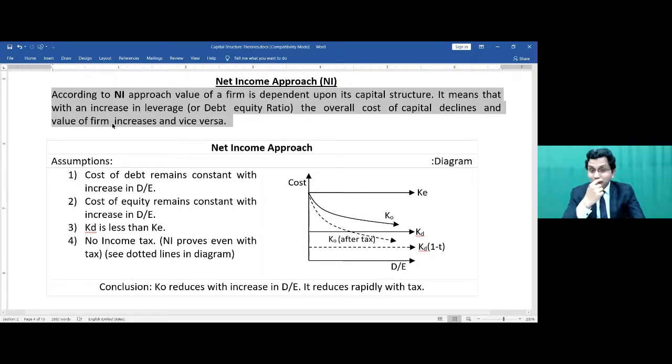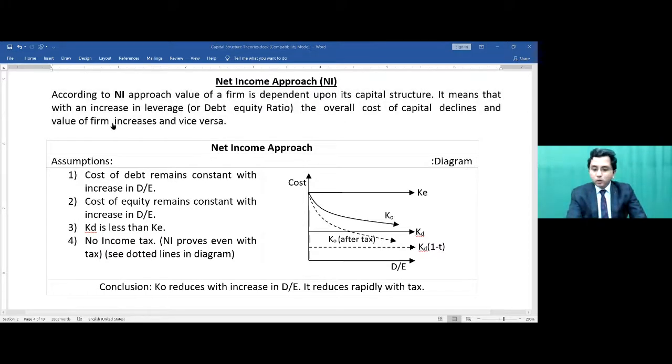Similarly here, equity is an expensive source, debt is a comparatively cheaper source. And that's why if you increase the proportion of debt, then your overall cost of capital will actually reduce.